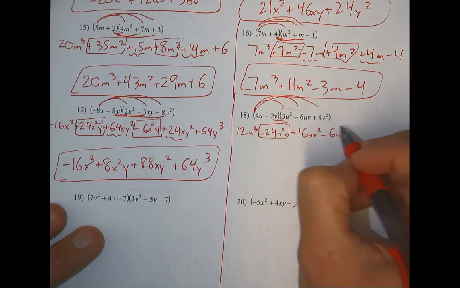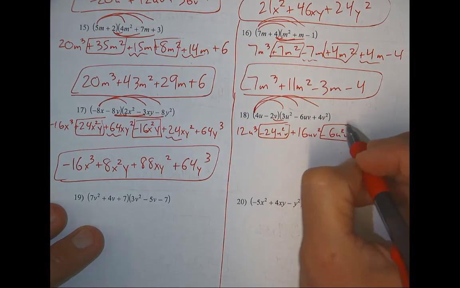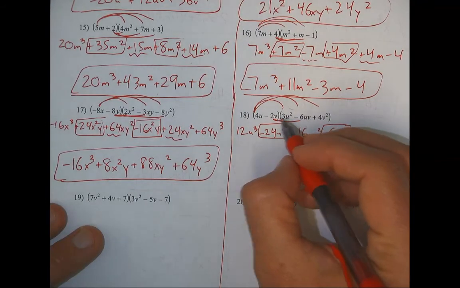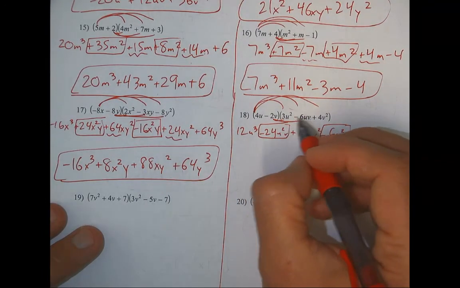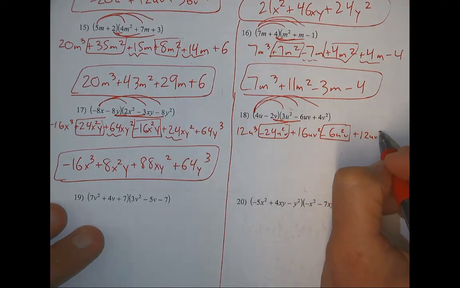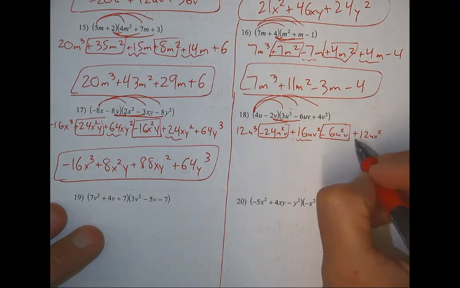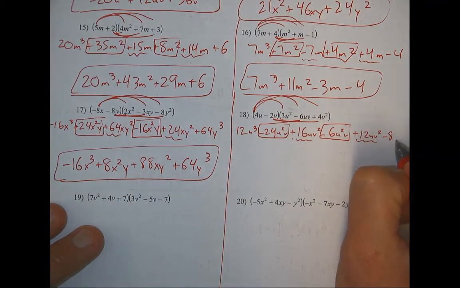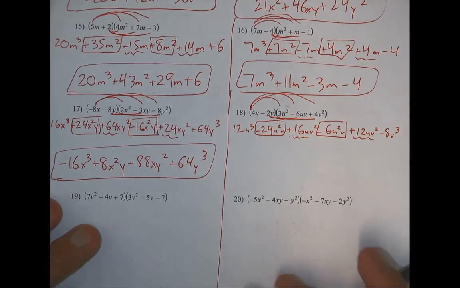Gonna go with this one. Right here, that's a positive. The v is going to get squared. Positive 12uv squared. So that's going to go with this one. And then at the end, negative 8v to the third.